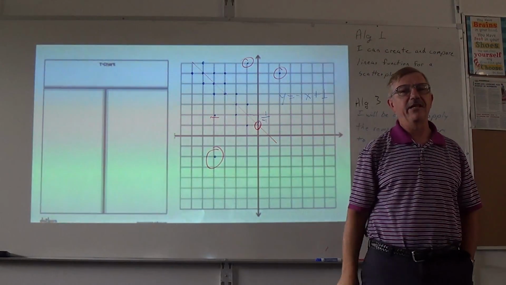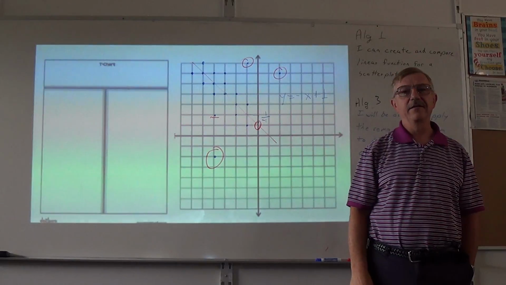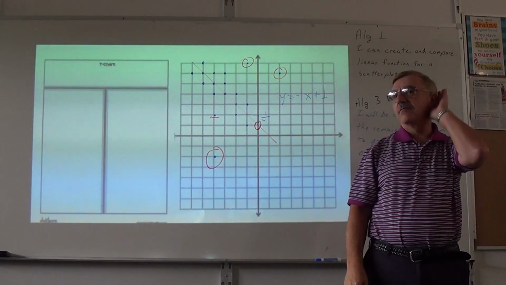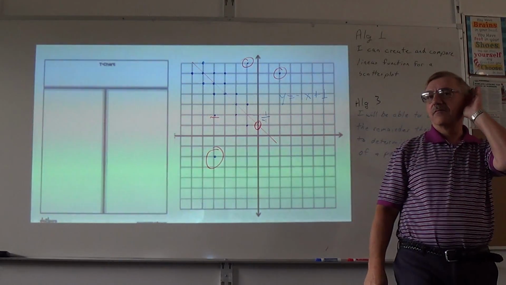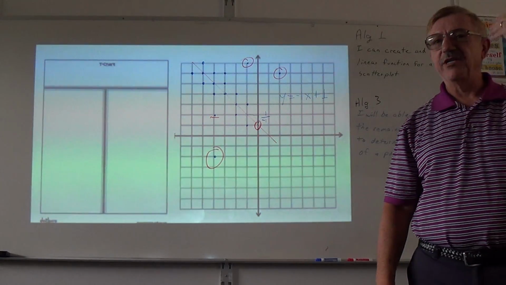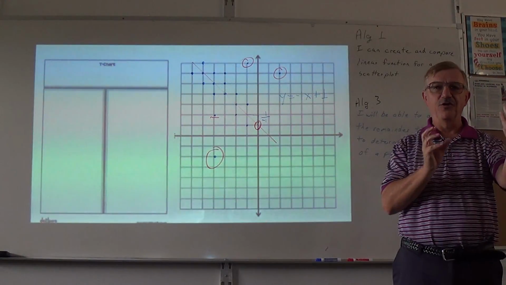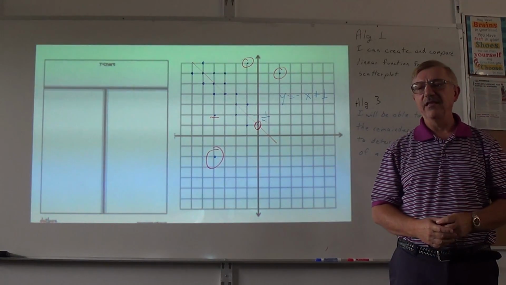Because what's an outlier? What's it mean when it says it's an outlier, Dom? Pretty far out. What's it mean when it's an outlier? That it's by itself. It's not in the group of the scatter plot.